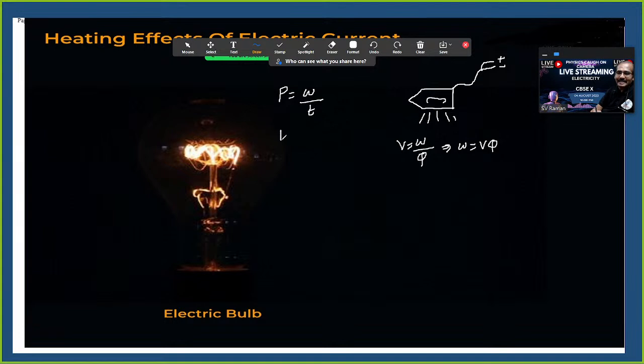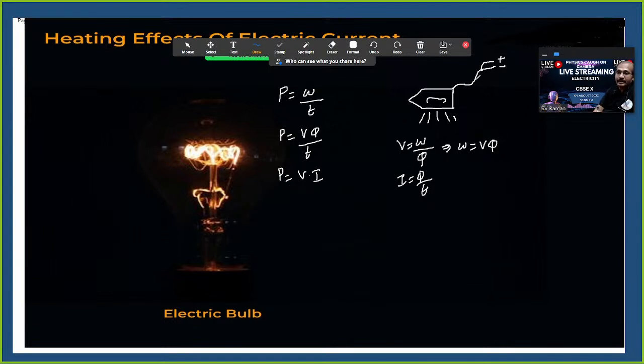So power P is equal to V into Q by T. Alright. As you know, Q by T we call electric current I. I is equal to Q by T. So in place of Q by T, you can substitute I. So power P is equal to V into I.